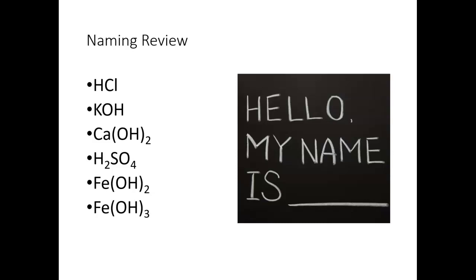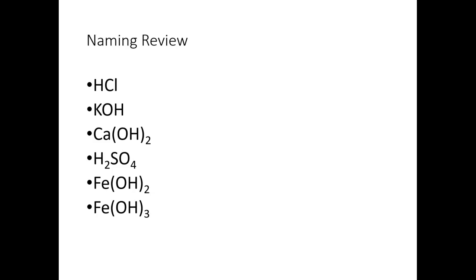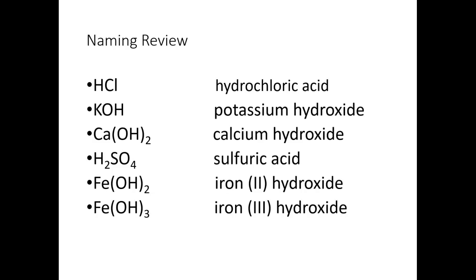And I'm going to show you the answer in just a second here. And the answer to these is here. So HCl is hydrochloric acid. It's a binary acid, so we use the hydro before the name. It's a chloride, so it becomes chloric acid.